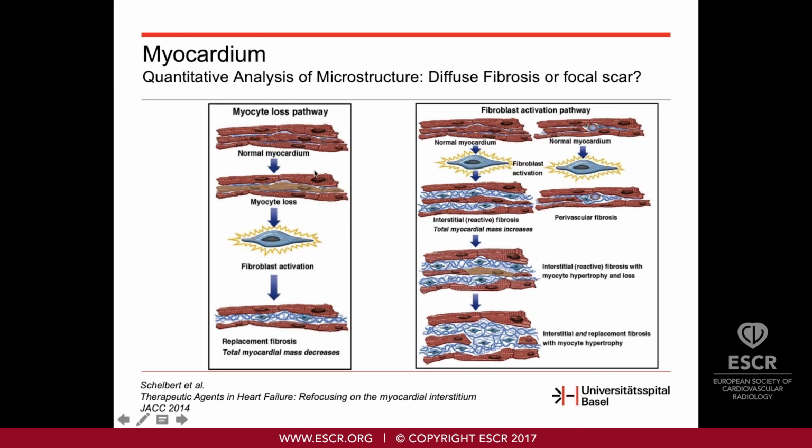Current guidelines do not recognize the value of MRI. So the current guidelines are based on echocardiography and on troponin measurements. However, in the future, I foresee that these guidelines should be revised and MRI should have its role.